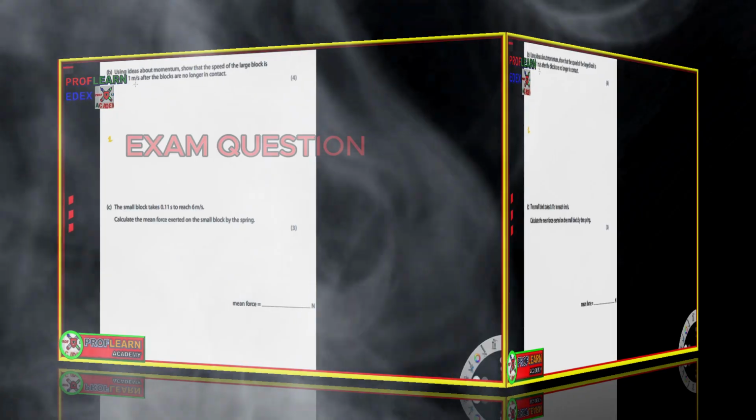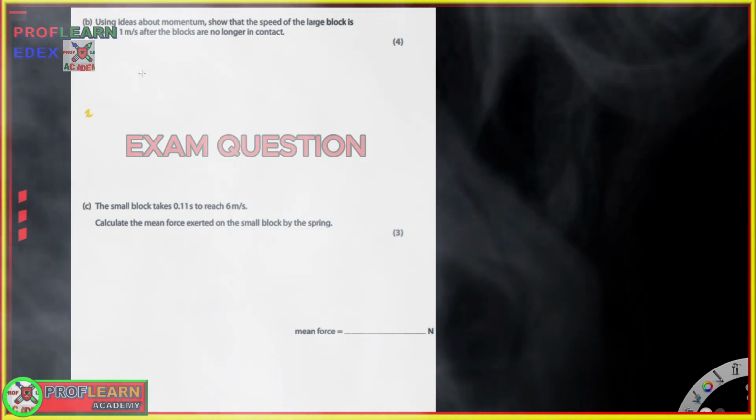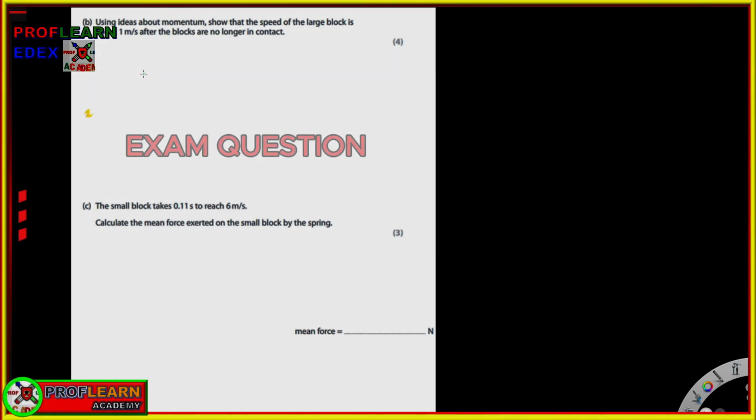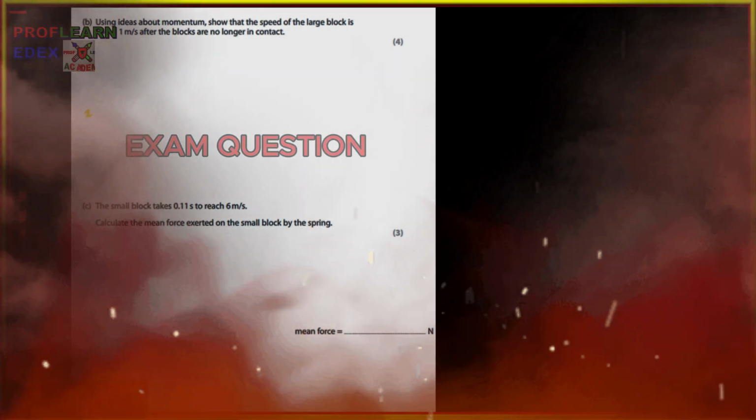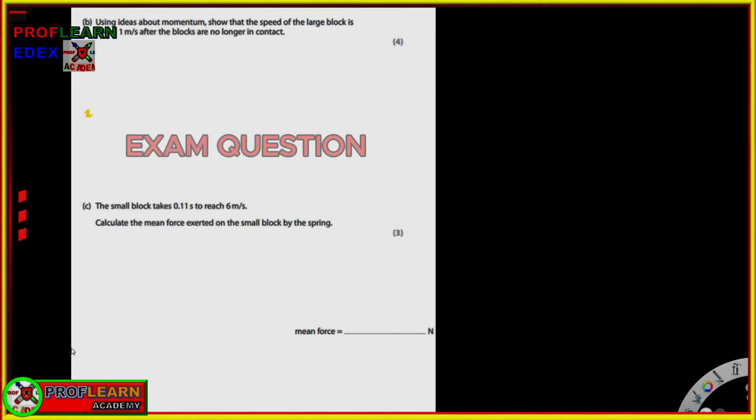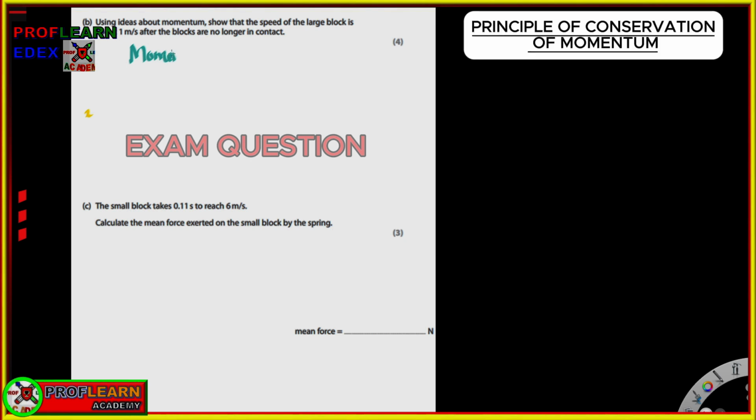So for the second question here, we are told to use the idea of momentum to show that the speed of the large block is about 1 meter per second. So we are going to say that the momentum of the large block should be equal to the momentum of the small block.